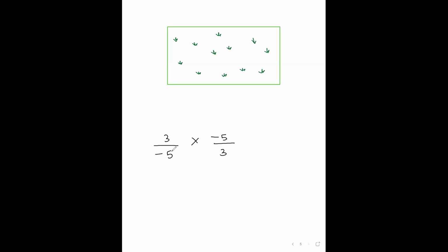Yeah, minus 5 and minus 5, and then 3 and 3. So minus 5 is getting cancelled with minus 5. These are also making a pair, right? So 3 and 3 are getting cancelled with each other. So what are we left with? When minus 5 cancelled with minus 5, you were left with 1. Here also, you are left with 1. So 1 into 1 is?